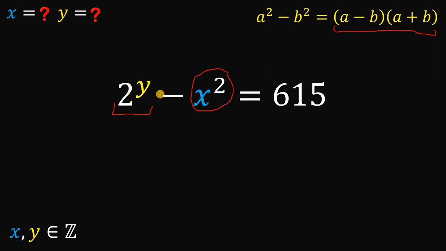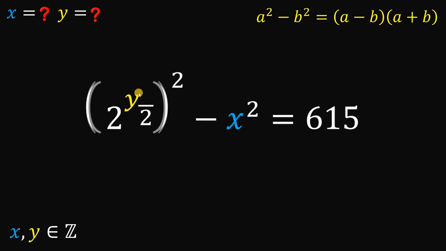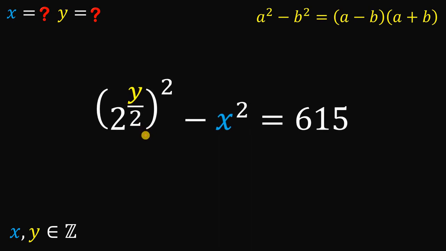So we will force 2 raised to y to become a perfect square. To do that, we will do something like 2 raised to y raised to 1/2, raised to the power of 2. Now, 2 times 1 over 2 is just 1, so this is simply equivalent to 2 raised to y. And y times 1 over 2 can be written as y over 2.